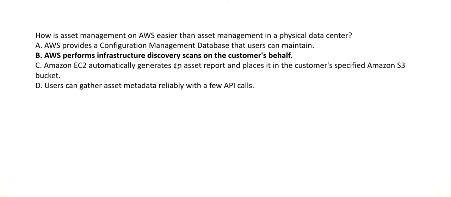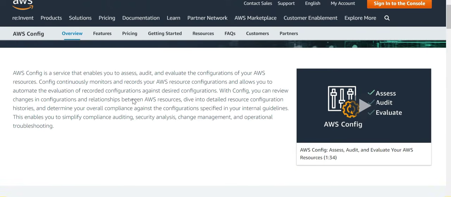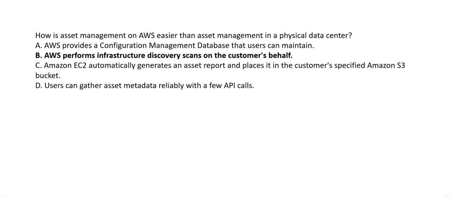Configuration management helps you maintain proper audits, and tools like AWS Config help you to assess, audit, and evaluate the configurations of your AWS resources. But this tool doesn't work on premises. Let's move to the next question.